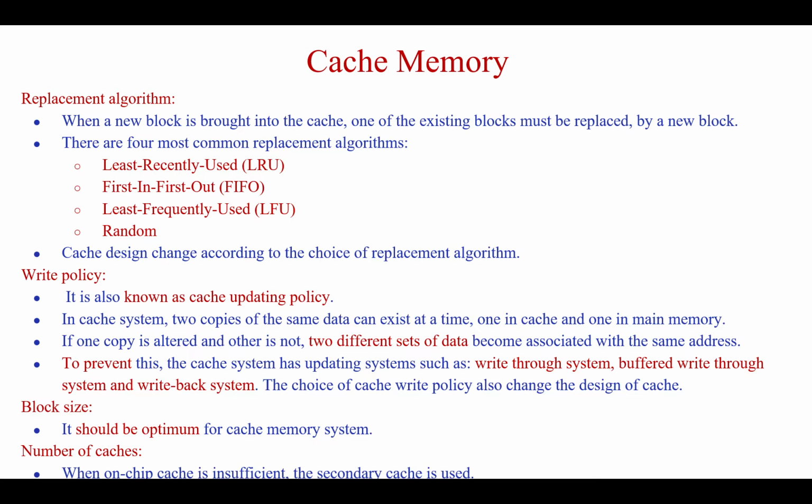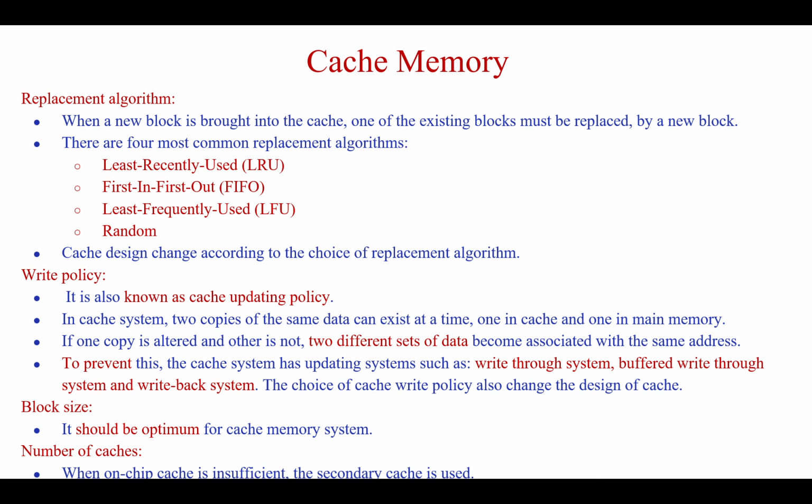I told you how the updates take place. That is the write policy or cache updating policy. If two copies of the same data exist, one in cache and another in memory, and one copy is altered while the other is not, then there are two different sets of data, and it becomes a problem when we take incorrect data.